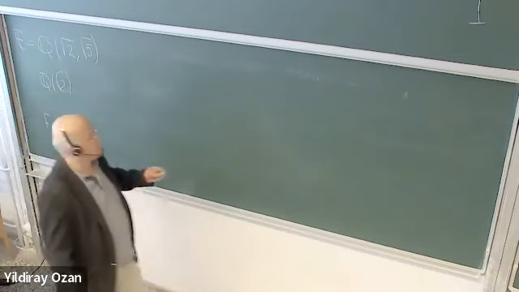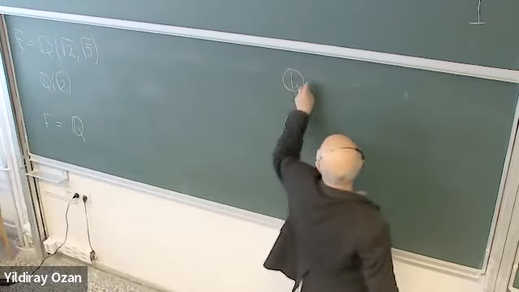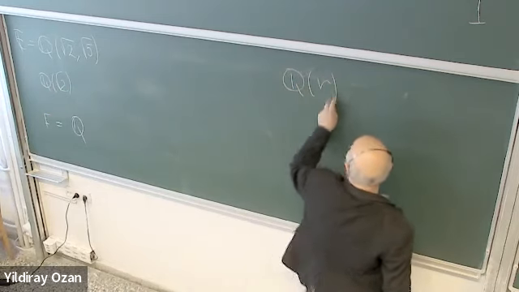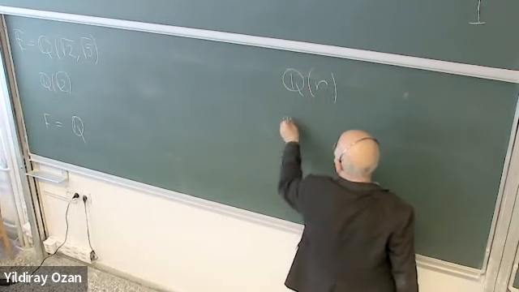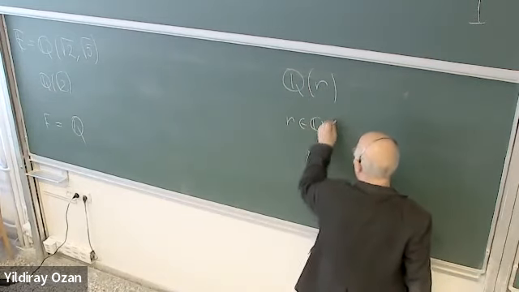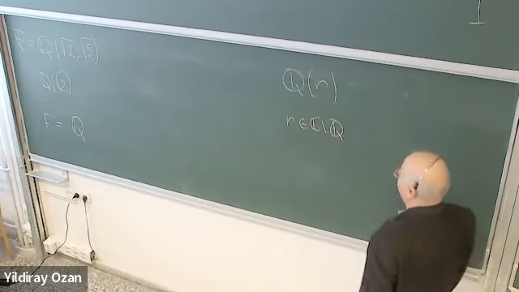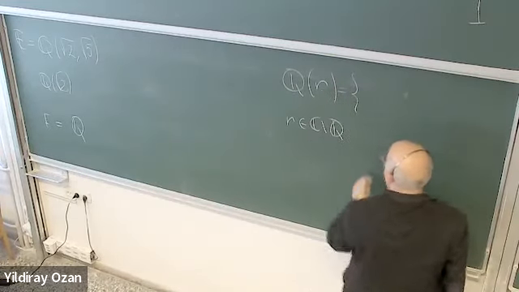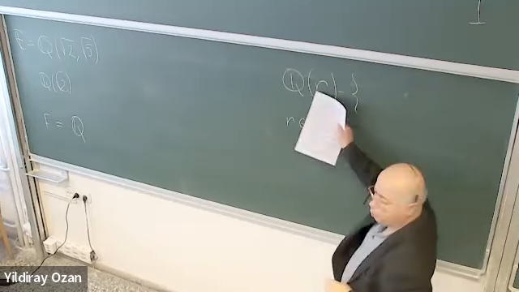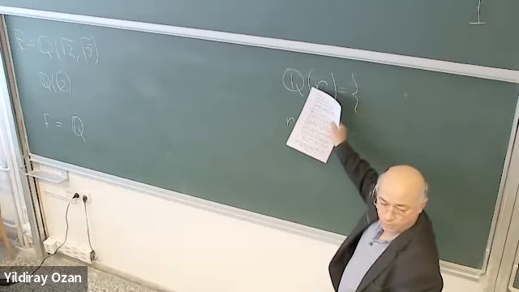So what we mean by that, Q, when you add something like this, if you add, let's say, a complex number which is not rational, we mean the following. Polynomial expressions of r.